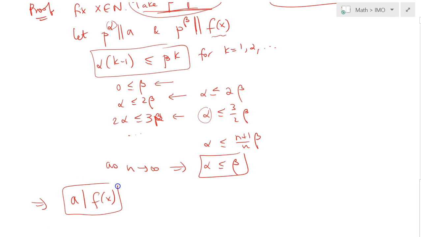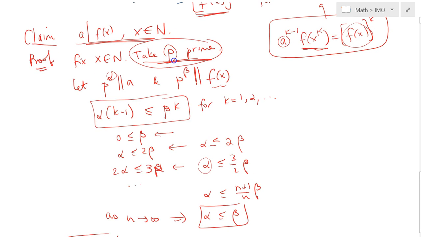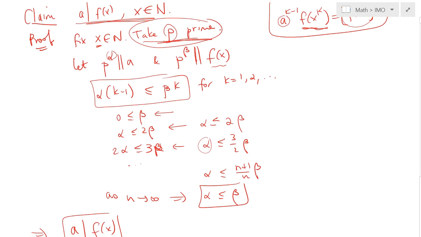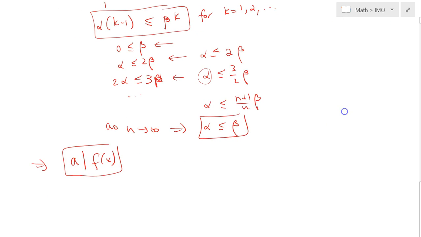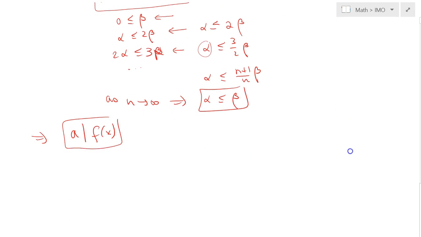In addition, we also realize here that not only is our choice p arbitrary, but the choice of x was also arbitrary. We fixed an x to begin with, so therefore it implies that for all values of x, f of x is a multiple of a. And so therefore we get the following formula.